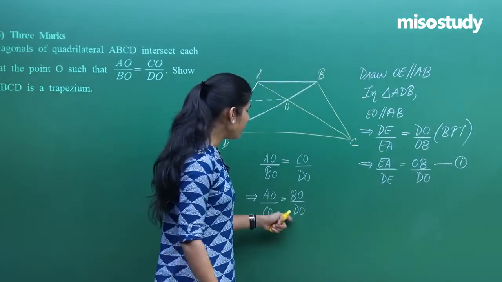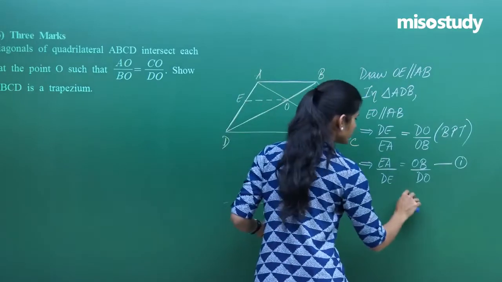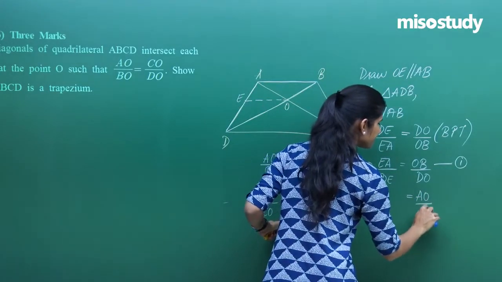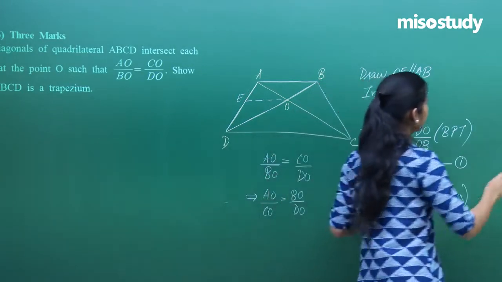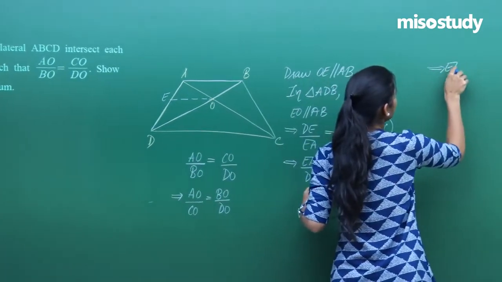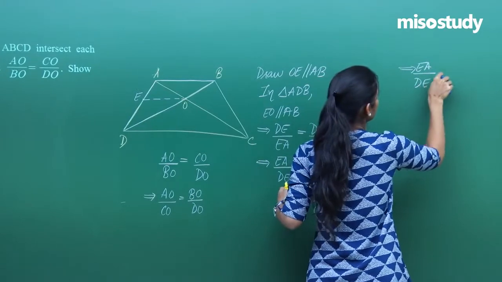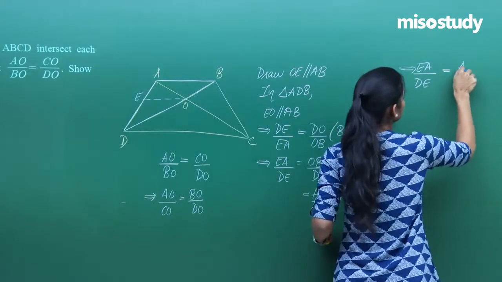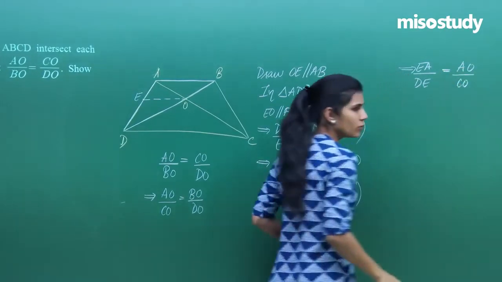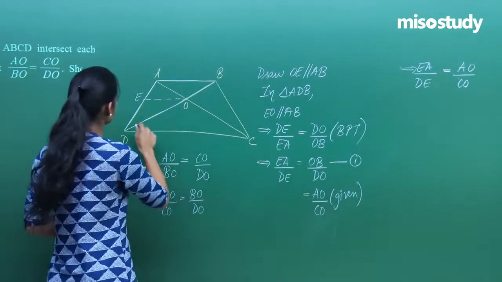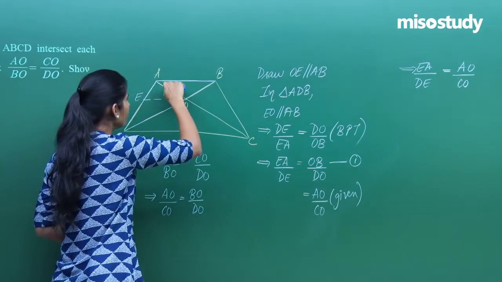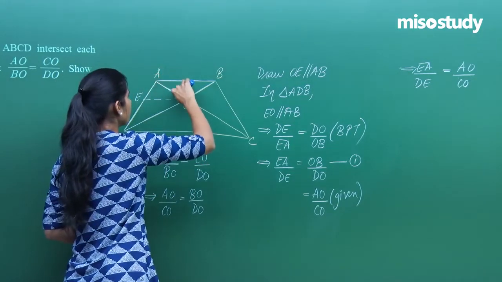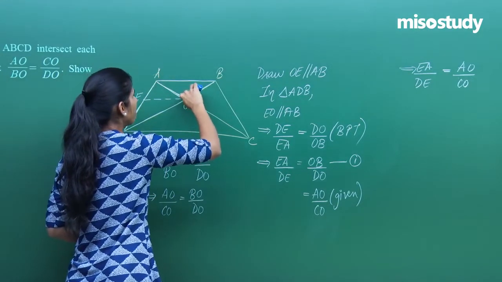But OB upon DO is given equal to AO upon CO. So I have got EA upon ED is equal to AO upon CO.